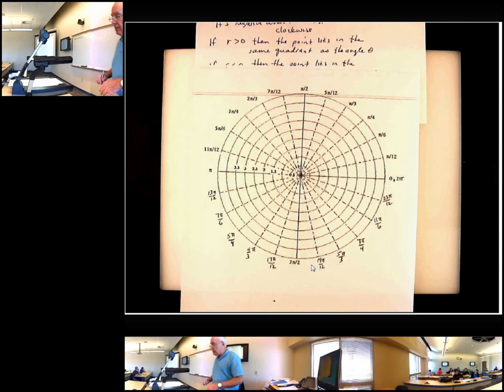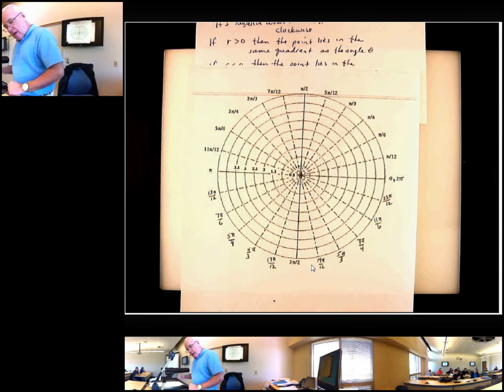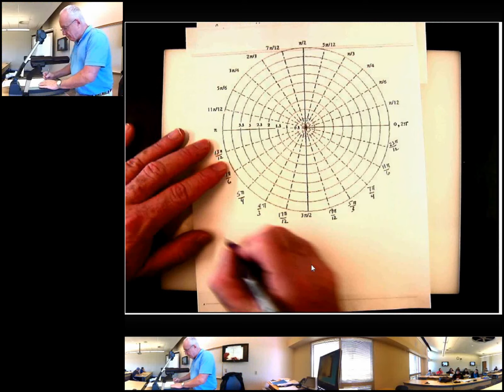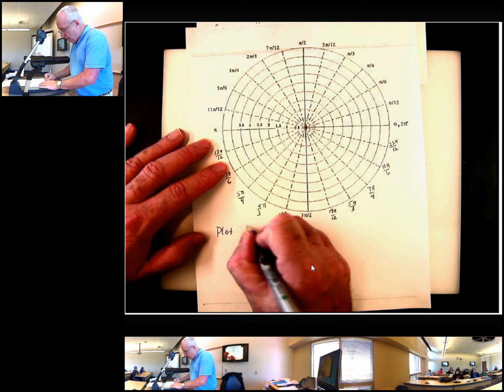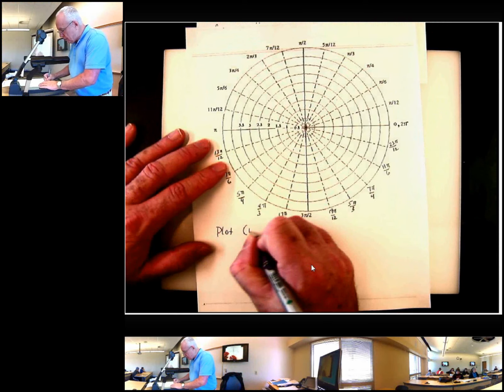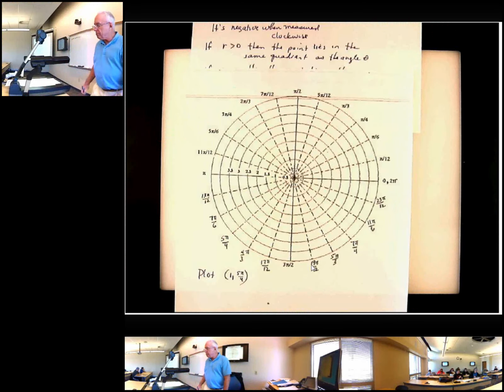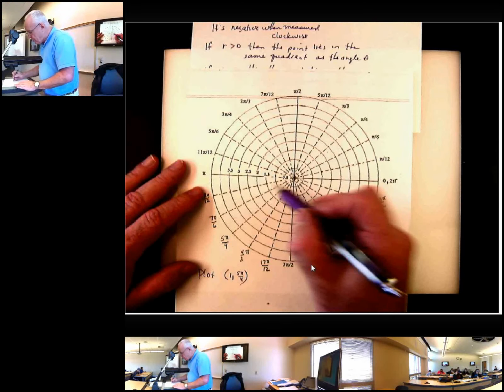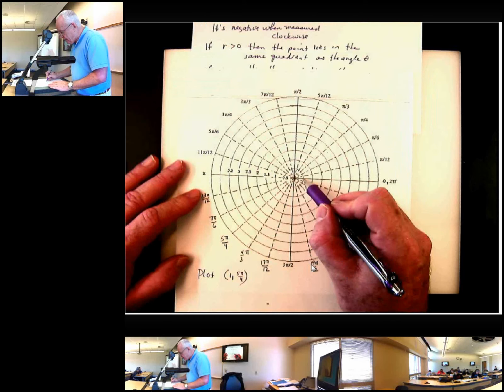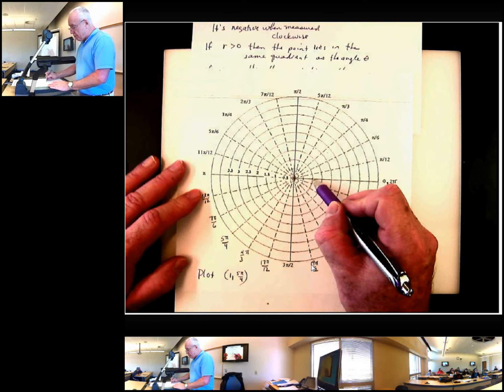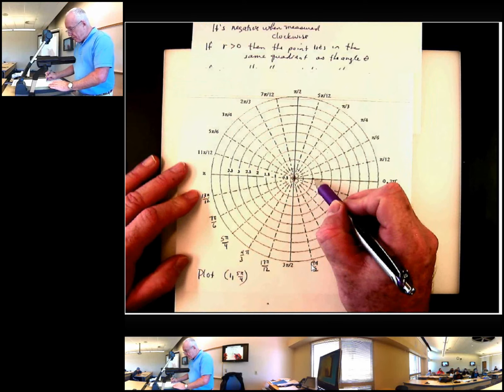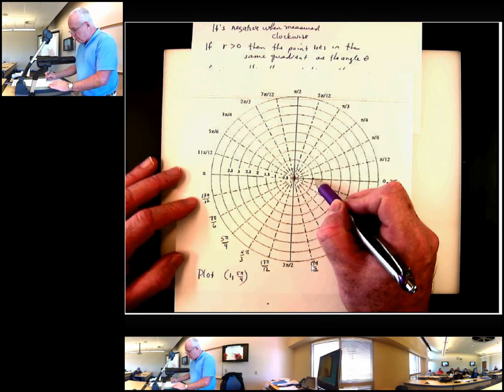All right, so let's look at some examples here. Let's first of all plot, in polar coordinates, 1, 5 pi over 4. This is 0.5, this is 1 right here going out. But then we have to find 5 pi over 4.